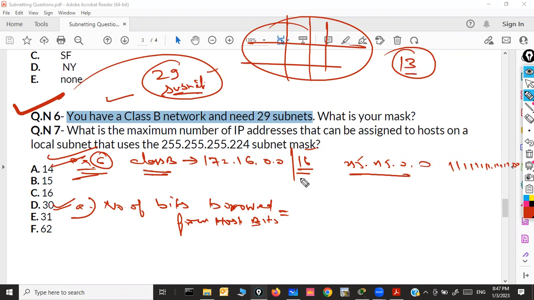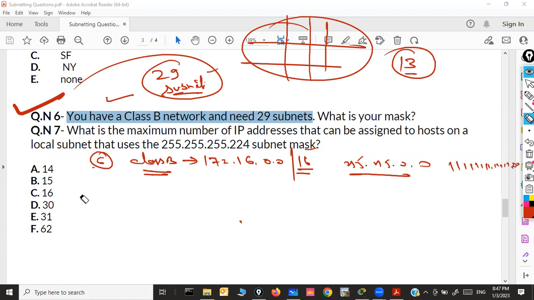because in total, if I write it down in binary representation, let me rub it. So /16 means this is the default. If I write down the mask like this, by default, forget about subnetting.